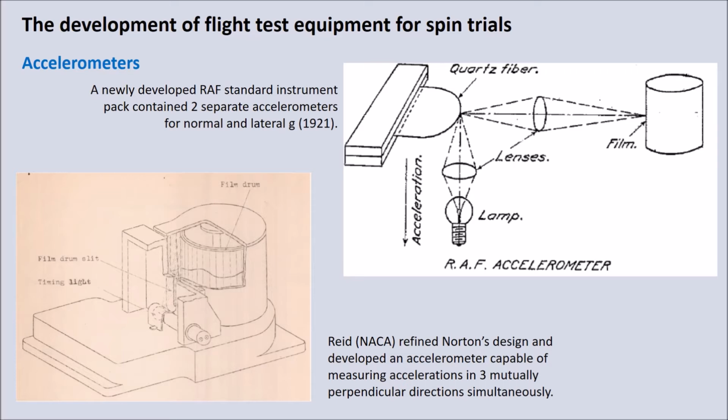Similarly to this, another development over in the States: Reed at NACA, who was busy refining Norton's design from a few years earlier, developed this accelerometer, which was capable of measuring accelerations in the three mutually perpendicular directions simultaneously.